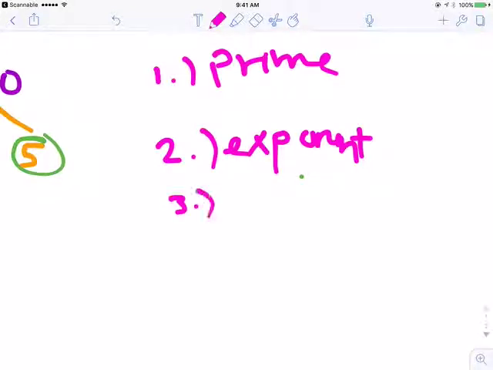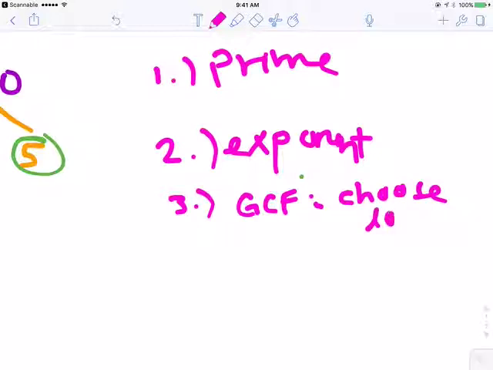And then step 3 says, say it again. Yeah, there's 2 steps, right? For GCF, what are we going to do? Choose lowest. Right.